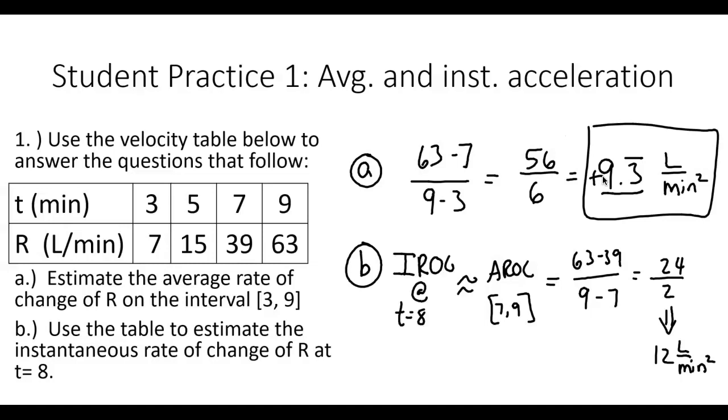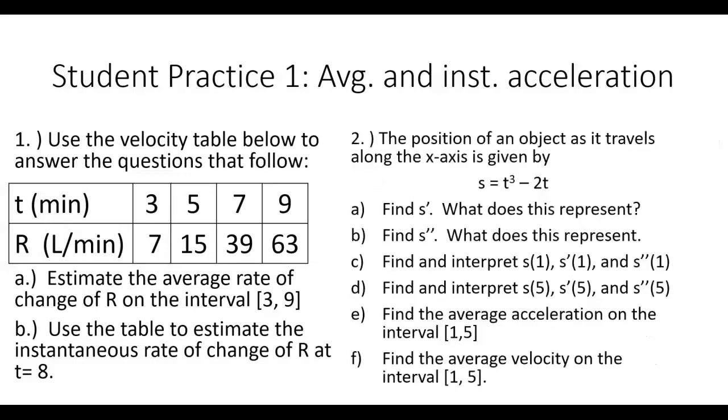So same thing here. In this one, the instantaneous rate of change at t equals 8 is approximately increasing at a rate of 12 liters every minute. 12 liters per minute every minute. Okay? And so there is your interpretation.